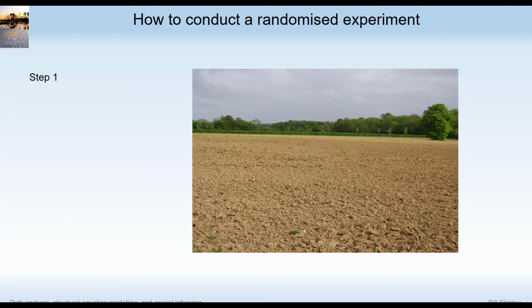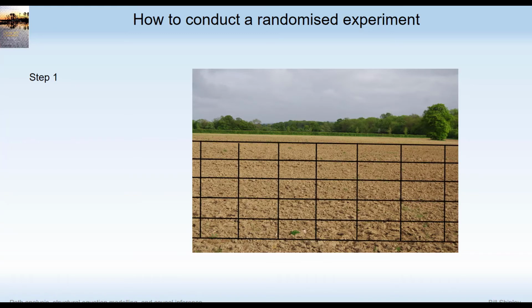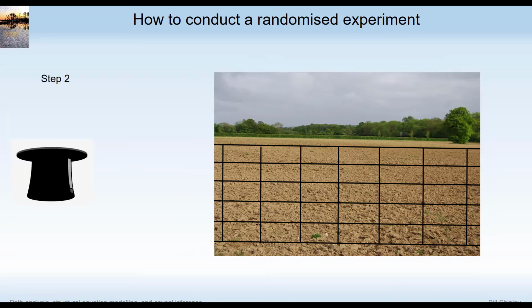The first step is in the springtime before the seeds have been sown or any manipulations have been done. You divide the field into a series of plots, or more formally experimental units. The experimental unit is the physical thing whose attributes you're going to be manipulating or adding or subtracting treatments to. And so we separate the field into these plots or experimental units.